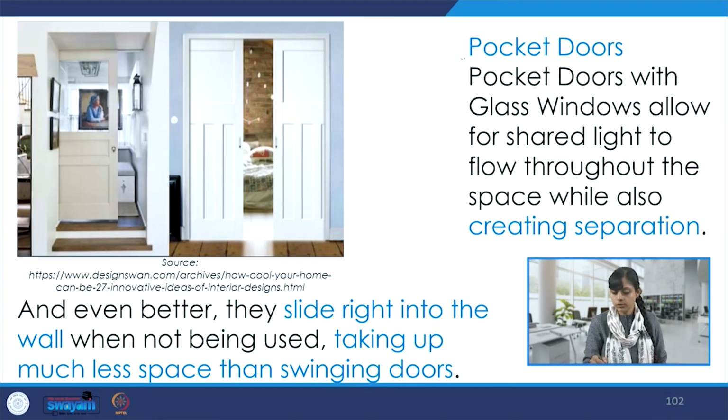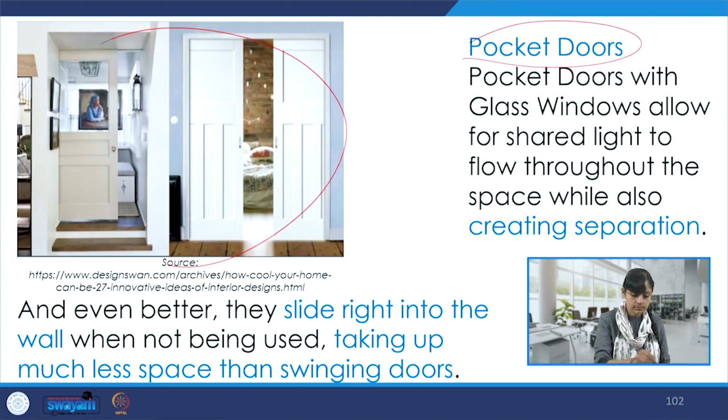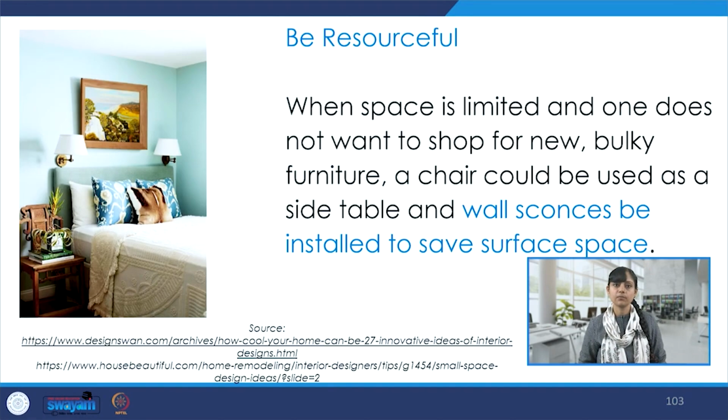And there are pocket doors. Pocket doors with glass windows allow light to flow throughout the space while also creating separation. And even better, they slide right into the wall when not being used, taking up much less space than swinging doors. So, that's also to save space and overall costing while creating functional separation and interesting details.